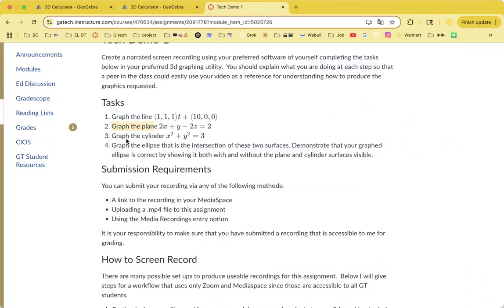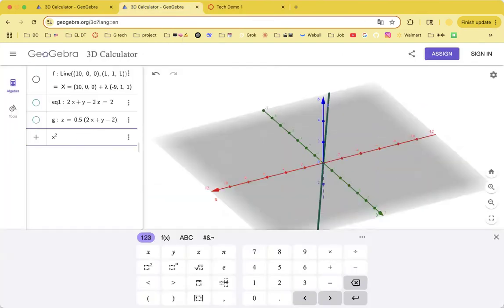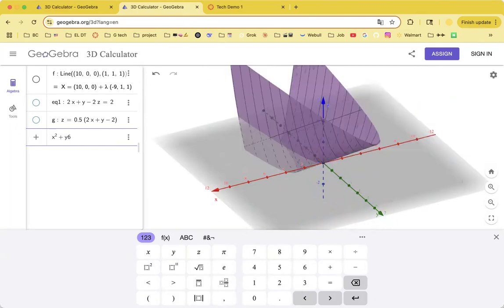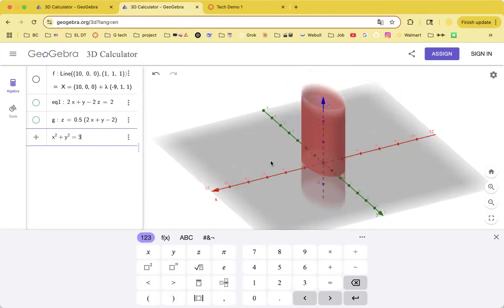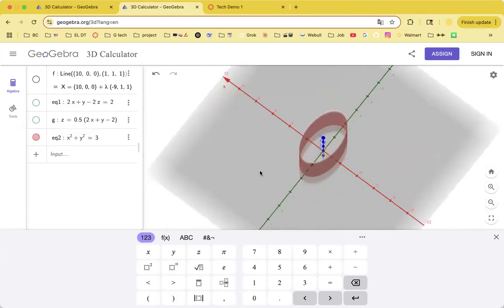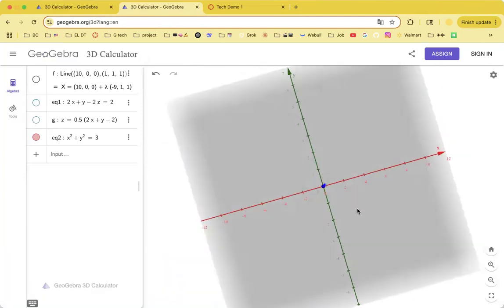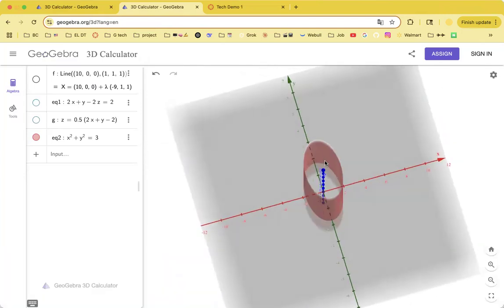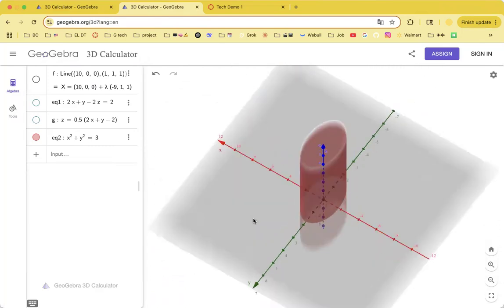For task 3, we are going to graph the cylinder that has radius 3. We're just going to put the equation as it is. We don't need to do anything. Okay. So if it was a 2D graph, it would have been just a circle having radius 3.